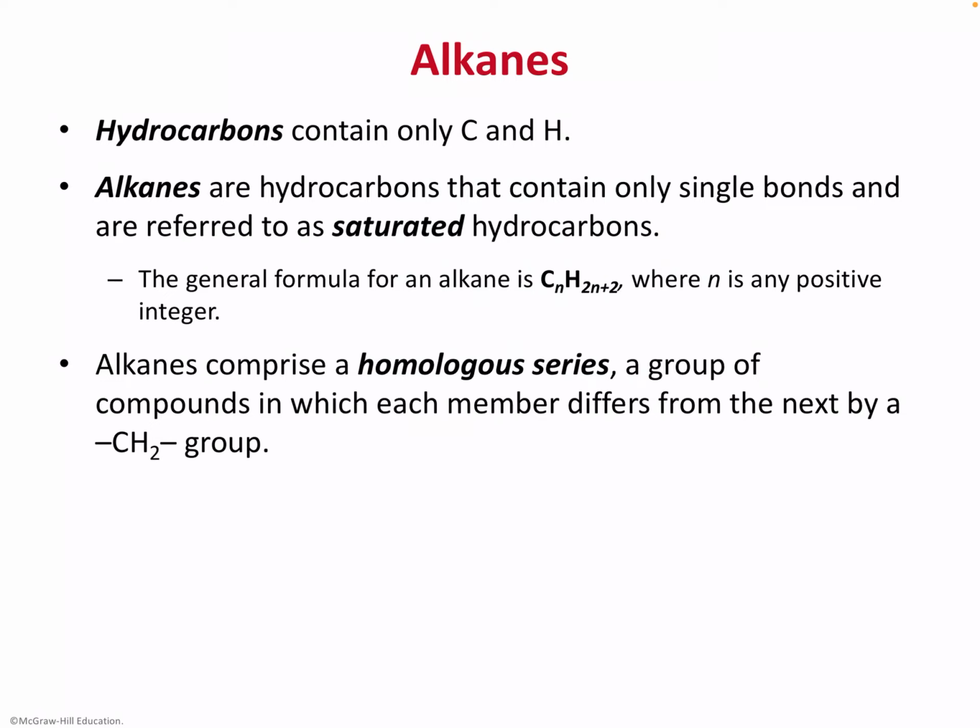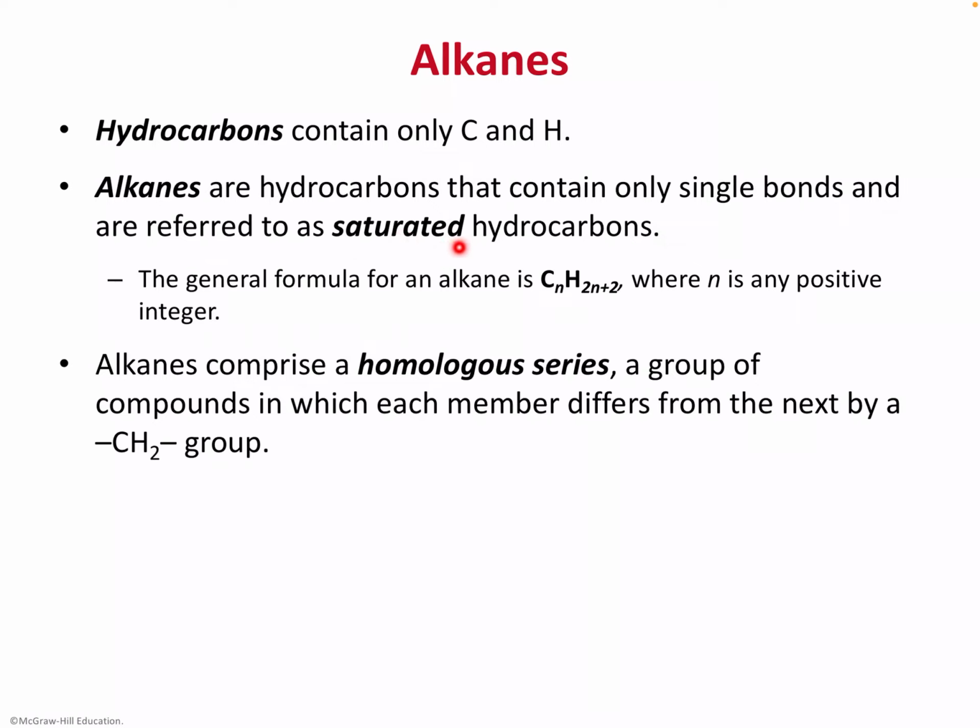Alkanes. Alkanes are hydrocarbons that contain only carbon and hydrogen. Alkanes are hydrocarbons that contain only single bonds and are referred to as saturated hydrocarbons. Remember, you have heard the terms saturated and unsaturated fat.